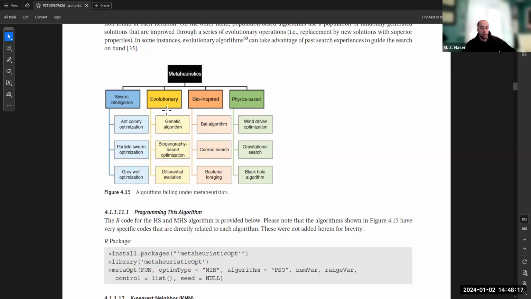A lot of features we have in genetic algorithms are population-based, or differential evolution, or the way that animals behave or hunt: bat algorithm, bacterial foraging, wind-driven, gravitational forces, black hole algorithm. There are many examples. You see them a lot in optimization problems, whether single or multi-objective optimization.